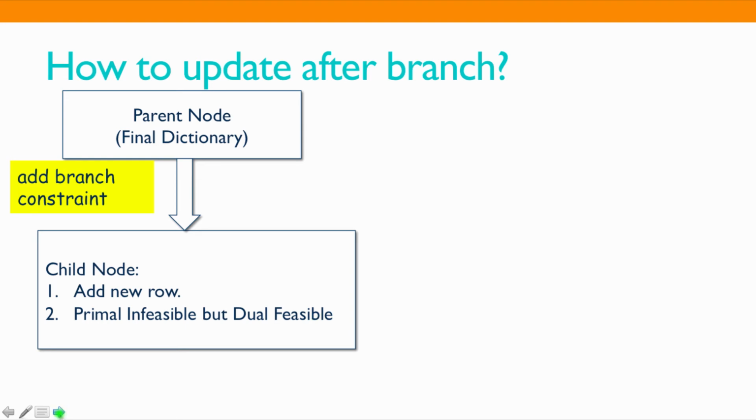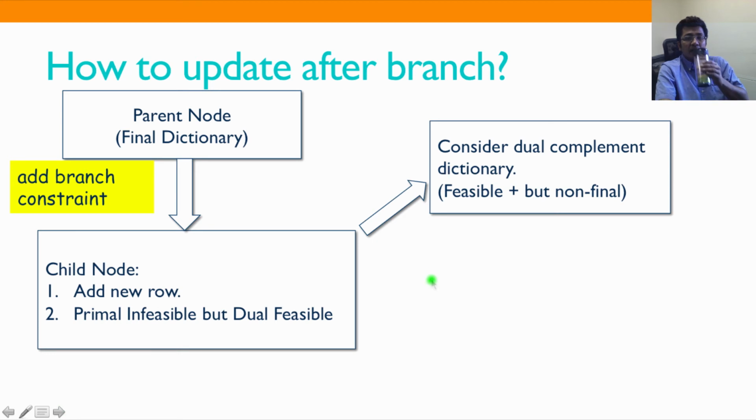So what do we do with this dictionary? We already talked about how to avoid the initialization phase, and to avoid it, let us take the dual complement dictionary, which will be feasible because we started off with the final dictionary here, so it will be feasible, but non-final because it's primal infeasible. This is a very key fact, and I hope you understood this fact, otherwise it's very hard to proceed.